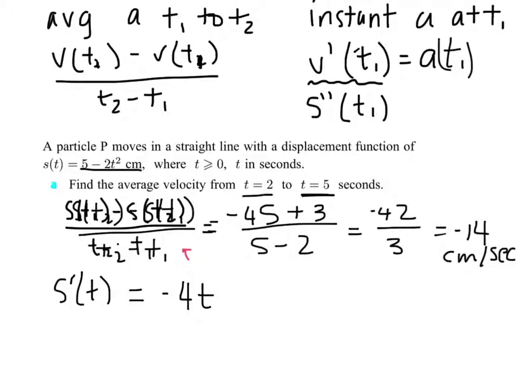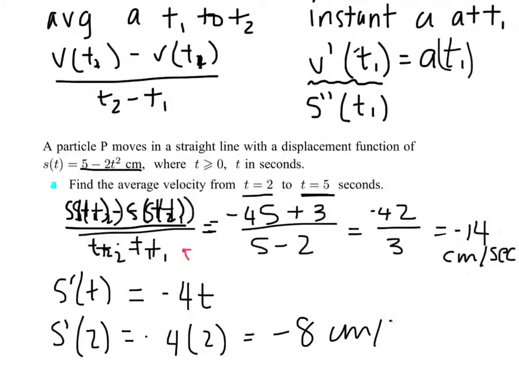So if I wanted to find the instantaneous velocity at time equals 2, I'd say first derivative at 2 equals negative 4 times 2, which is just negative 8 centimeters per second. So that's not too bad.